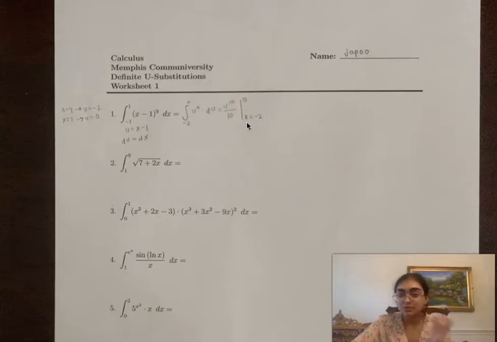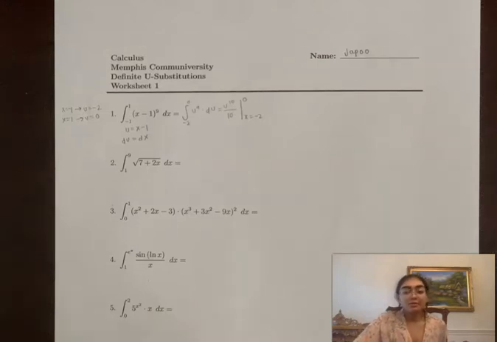I didn't switch up the values or anything. This -2 is correct, this 0 is correct, this just should be a u. So it's just a notation error, but since making sure that we've switched all of our x values to u values is super important when we're doing definite u substitutions, I just wanted to emphasize that.